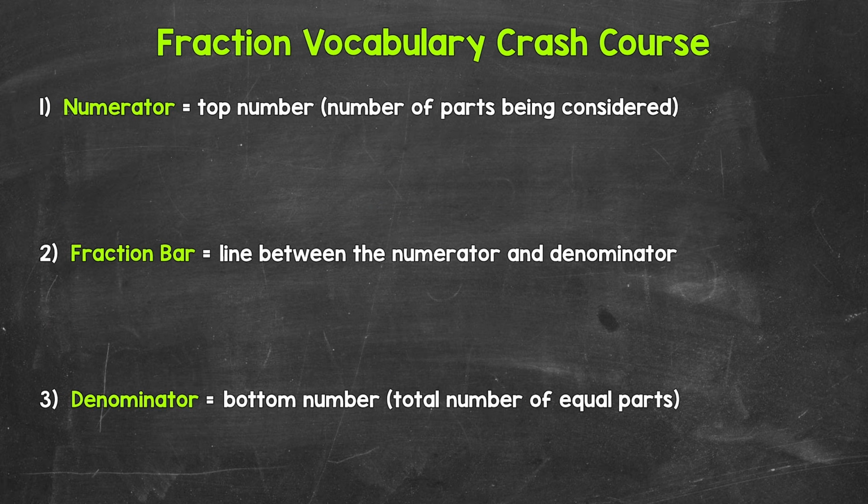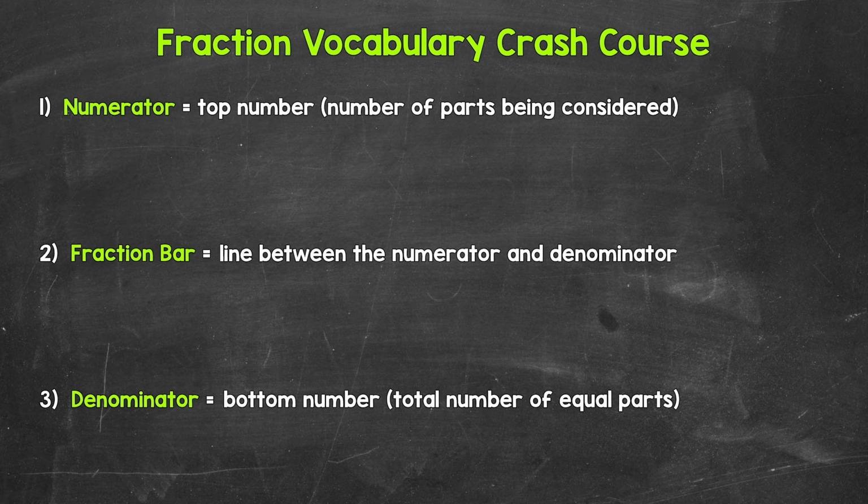So jumping into our first words here, we have numerator, fraction bar, and denominator. These are the parts of a fraction. The numerator is the top number and represents the number of parts being considered, or we can think of it as the number of parts we are focused on. Then we have the fraction bar, which separates the numerator and denominator.